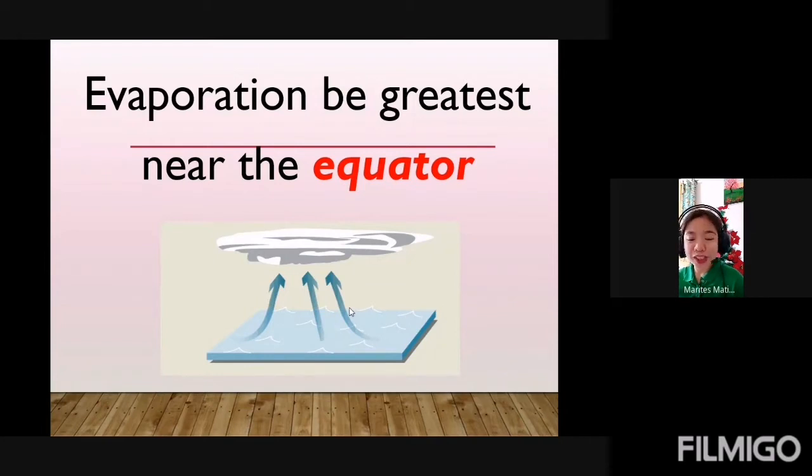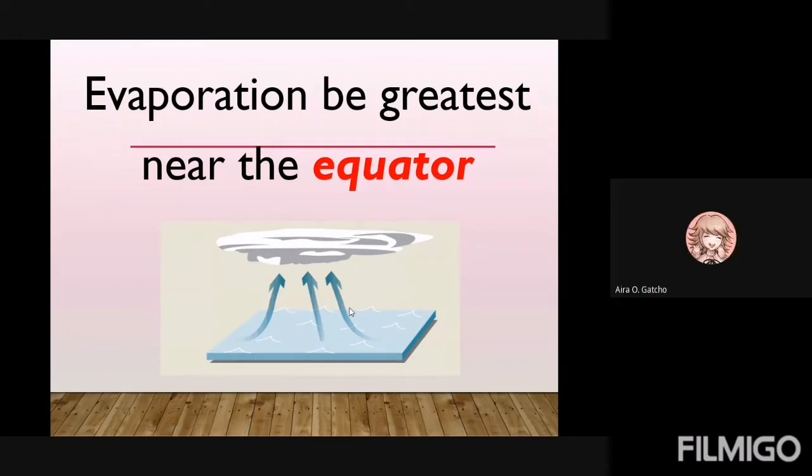Mapapansin natin dun sa picture animation kanina, evaporation is greatest near the equator. Why can we say that evaporation is greatest near the equator? What's in the equator? Yes, Ira.